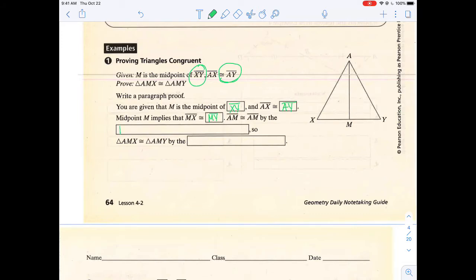AM is congruent to AM by the reflexive property of congruence. Remember, reflexive is the one that just kind of seems obvious. Don't have to think about it. By the reflexive property of congruence, so triangle AMX is congruent to triangle AMY by, well, we proved all the sides to be congruent. So that would be the side-side-side postulate.